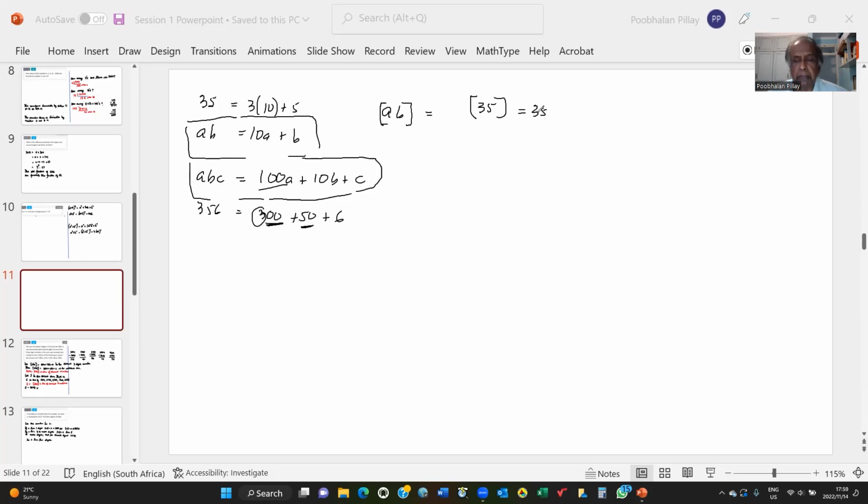It's not a product, it's 35. And here we are saying the first digit is 3 and the second digit is 5. So those are some of the important facts you have to know if you want to do the next problem. So let's get straight to that problem.